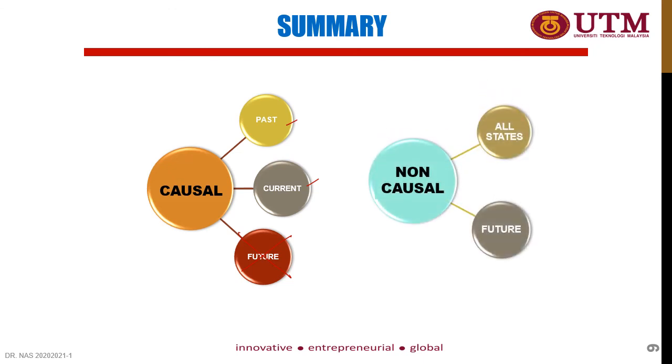And for a non-causal system, when you have any future values, either past plus future or current plus future, the system is non-causal. And when it involves all states, since there are future values in the equation, automatically it is a non-causal system.